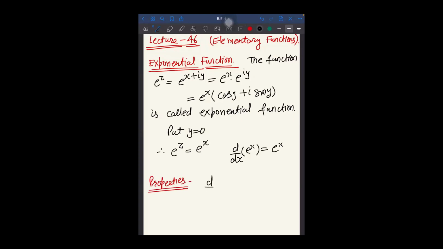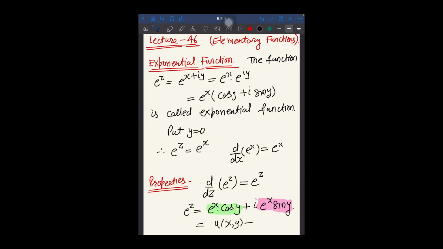If you take the derivative of the exponential function in complex form, it will remain the same. You know that your e^z, which is your f(z), can be written as u(x,y) plus iota v(x,y), right? So this is your real component, and this is your imaginary component.